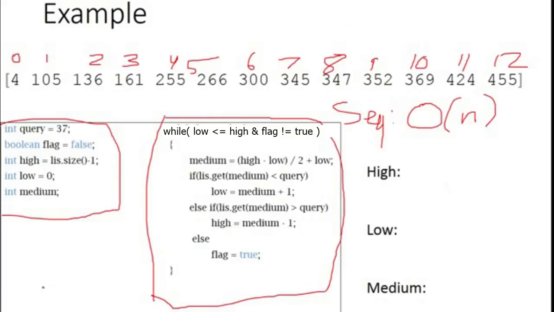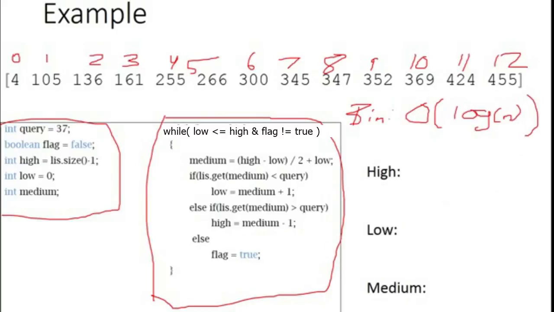For binary, though, it's logarithmic. It's a logarithmic algorithm, meaning that for a binary search, we would say it's a big O of log of n, where n is the size of the array or list. Now, this is not something you really need to know for this class, but if you can grasp it, there's no reason why you shouldn't go ahead and pick it up.